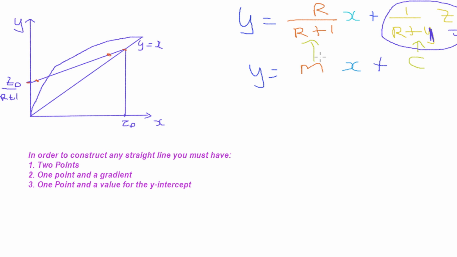Once we have our reflux ratio and our value for the most volatile component in the distillate, we can substitute it into the equation and get either the gradient or the y-intercept to draw this rectifying operating line.